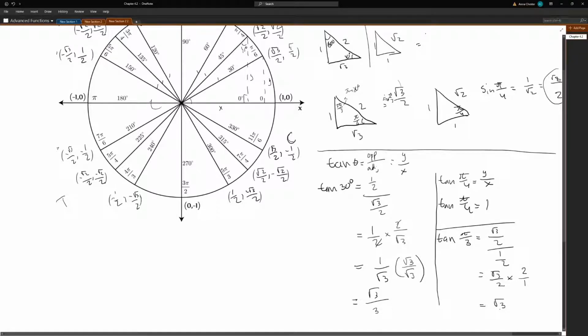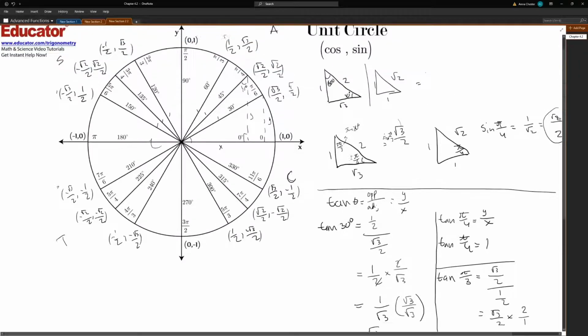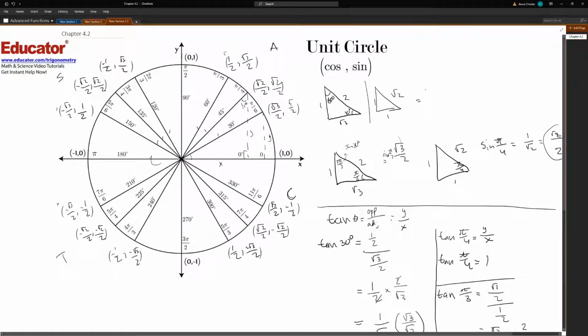So now we have completed our special angles for tangent. Now we just need to talk about pi over 2 and pi itself. So let's think. At pi over 2, our y value is equal to 1 and our x value is equal to 0. So what we're doing is dividing 1 by 0, which cannot happen.